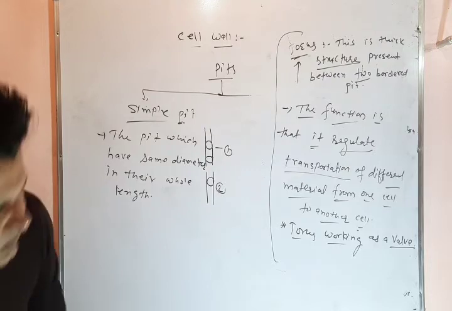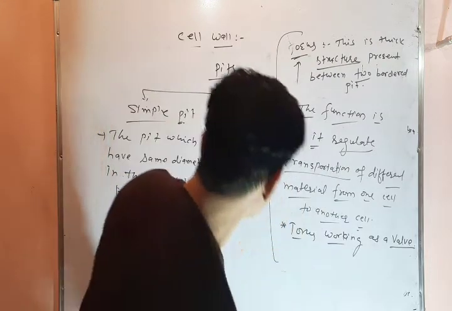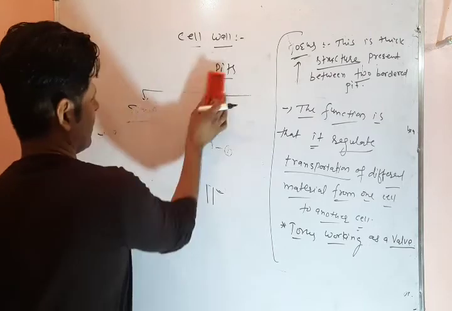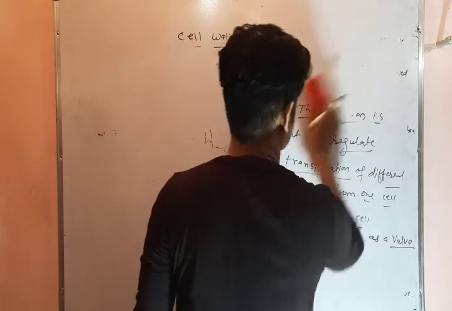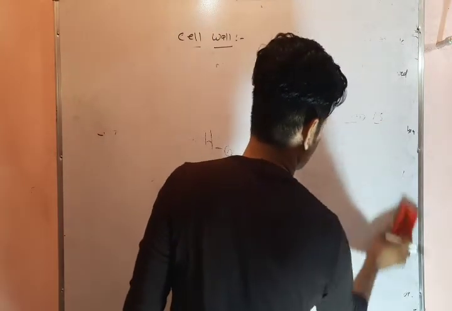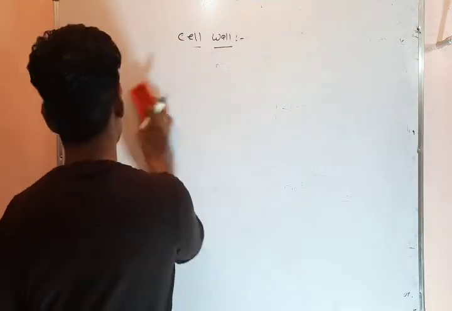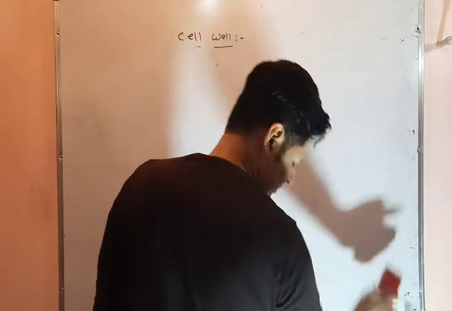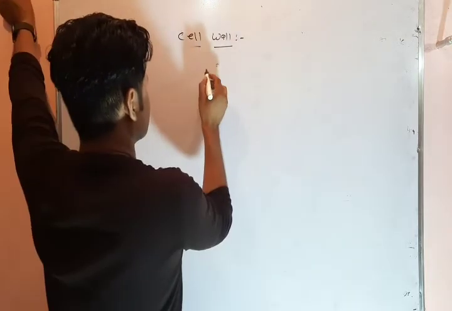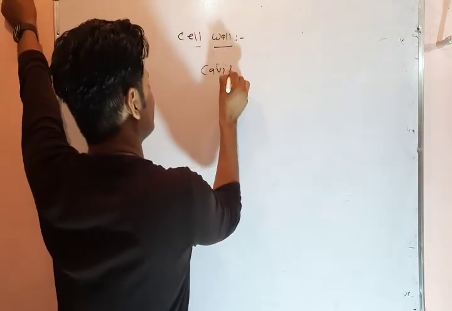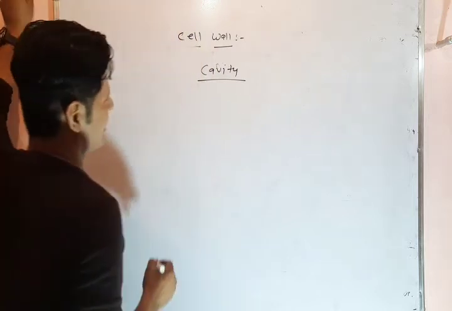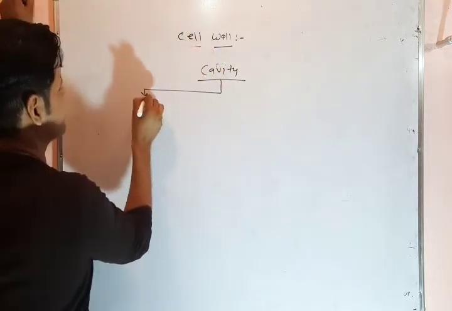Now we will discuss two types of cavity in the cell wall. Two types of cavity are present in the cell wall. First is the cytogenous cavity, second is the lysogenous cavity. So we will discuss the cavities present in the cell wall.